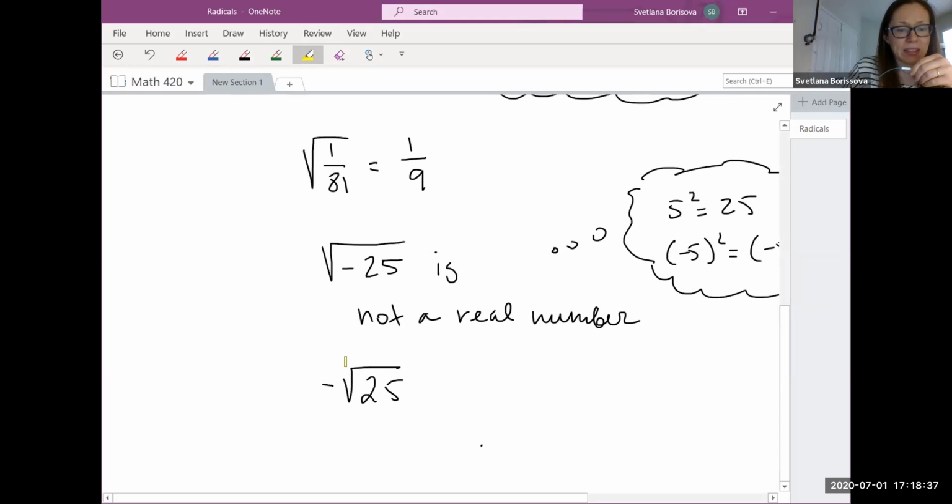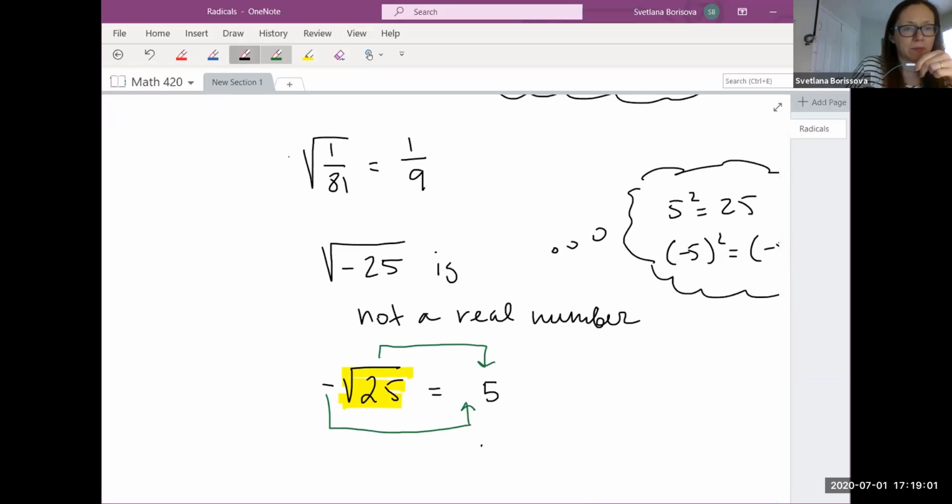So if we follow the order of operations, first we have to evaluate the square root of 25, which we know is 5. So I'll write the square root of 25 as 5. And then the negative sign that was in front, I'm going to carry over to the next step and put it here.